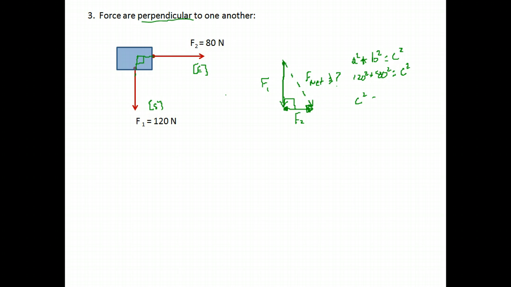So c squared will be 20,800, and then take square root of that number, and we get 144. Now we're going to concentrate a little more in this section on the significant digits. So here we only have 2 will be our lowest. So we'll round that answer to 140 newtons.